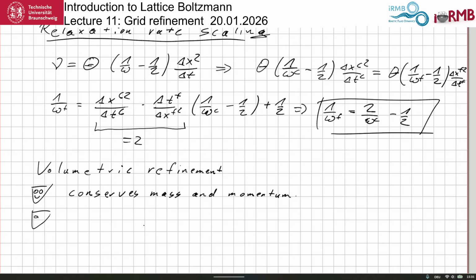So that's almost all that is good about it. It actually has a discontinuity in pressure and stress.